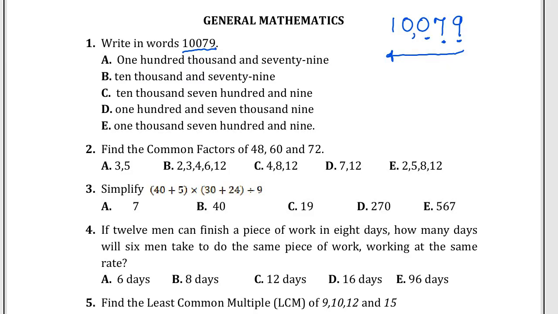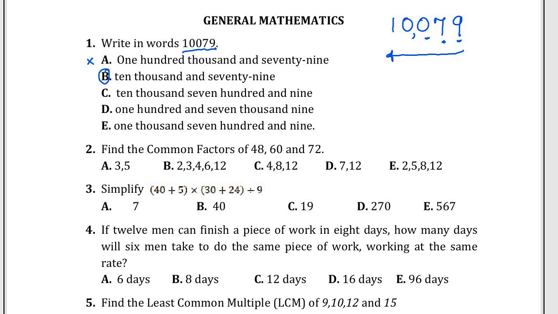There will be a comma here, so that's 10,079. Now that I can read it, I'll go to the options and pick the right option. Number 1 is 100,079. No. Number 2 is 10,079. Yes, so B is the correct answer. I won't bother with C, D, and E.